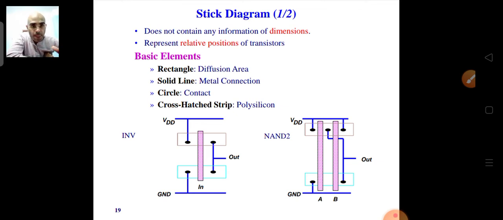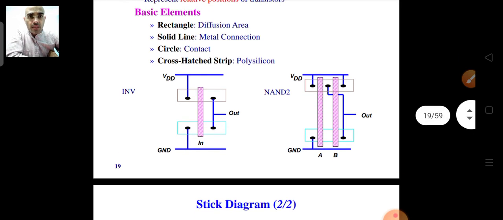There will not be much wastage of power, energy. So the stick diagram will have lines only. We'll draw it with lines of different colors, but it is used to represent a layout. We use rectangles, solid lines, circles, black squares or cross contacts, and cross hatched strips to show the various polysilicon layers and the metal contacts.